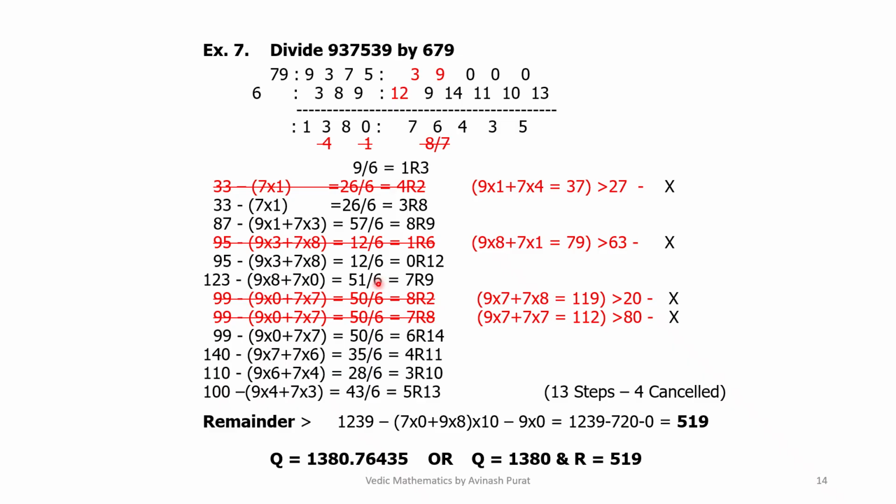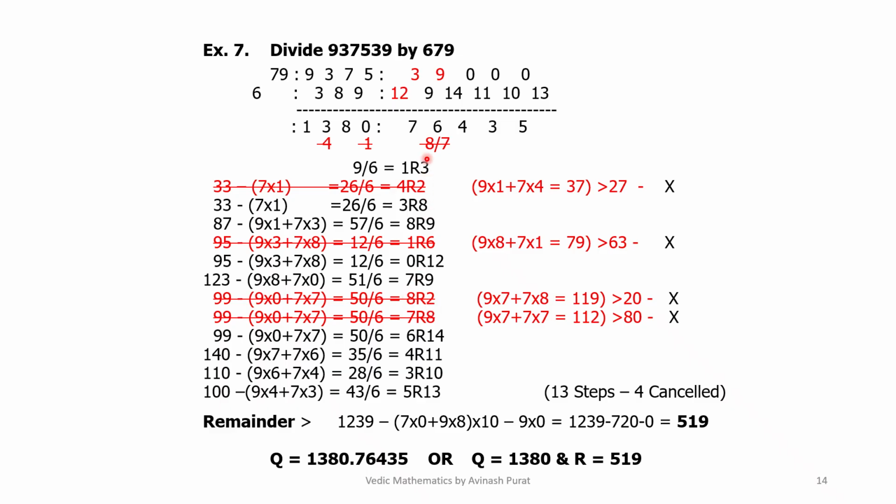divided by 6. Now this quotient is 7 and remainder is 9. Next division 99 minus 9 into 0 plus 7 into 7 equal to 50 divided by 6.